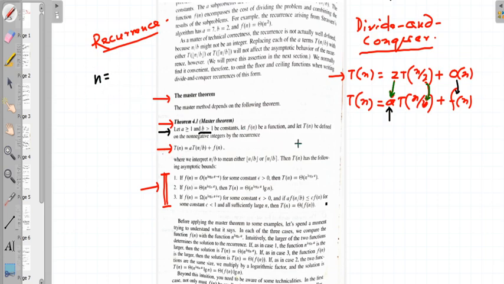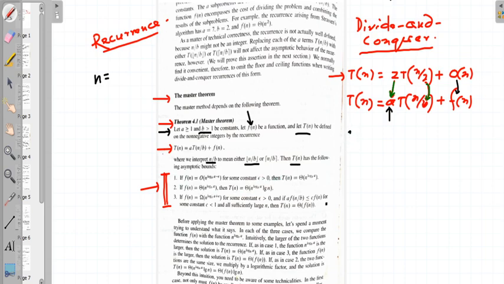First let us not complicate the issue. Let f(n) be a function, and let T(n) be defined on non-negative integers by this recurrence, where we interpret n by b as either n by b floor or n by b ceiling. Then T(n) has the following asymptotic bounds.